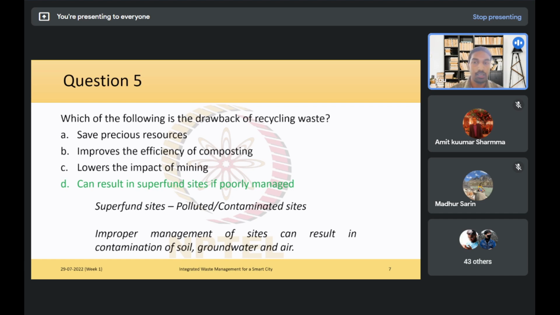Those sites are what are called superfund sites. This improper management will ultimately result in contamination of soil, water, as well as the air around this area. So that is a drawback associated with recycling.